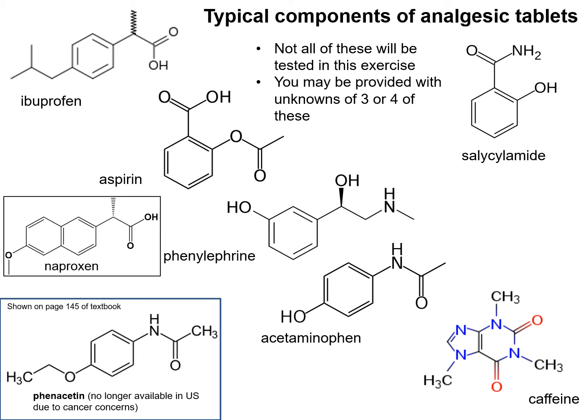You may know ibuprofen, aspirin, naproxen, or acetaminophen, which are commercially available in pharmaceutical stores. Because these have different polarity, we'll be trying to separate them using different mixtures of solvents.